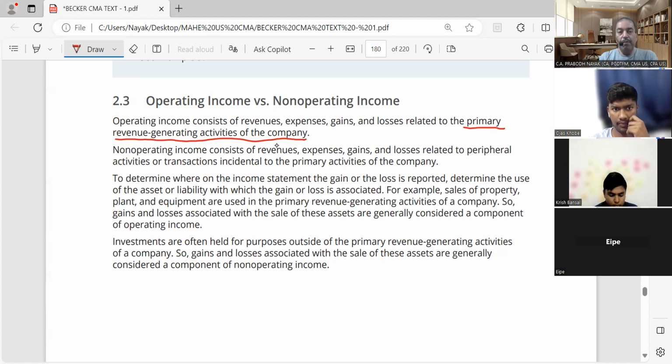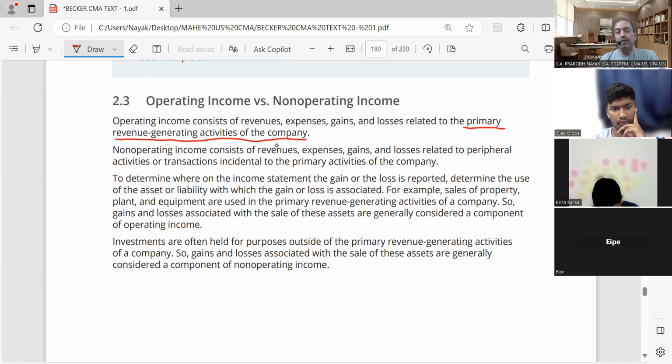So the main operating business of Reliance is manufacturing activity. Where your main activity is there, all the activities which are related to the main activity are called operating expenses and operating income. What is not related to the main activity, but to the subsidiary or secondary activity, that is your secondary source of income or miscellaneous source of income.